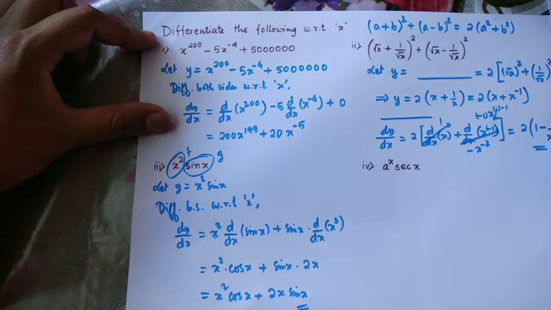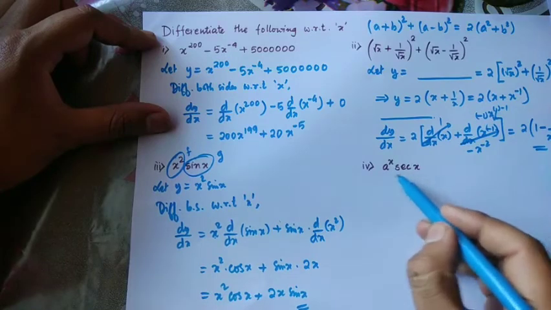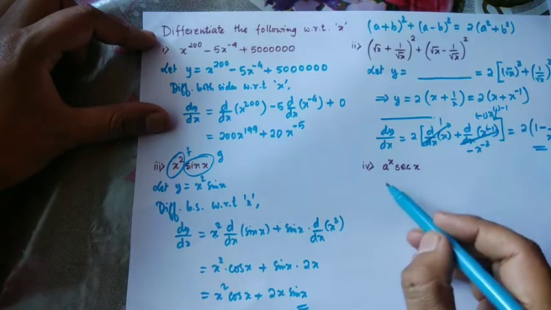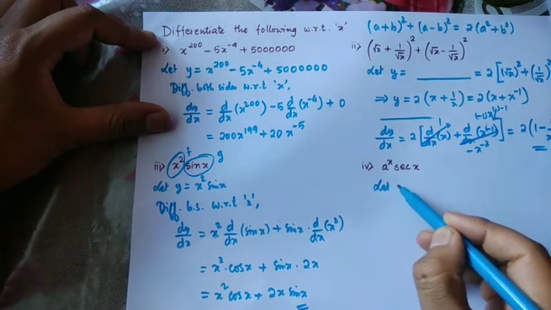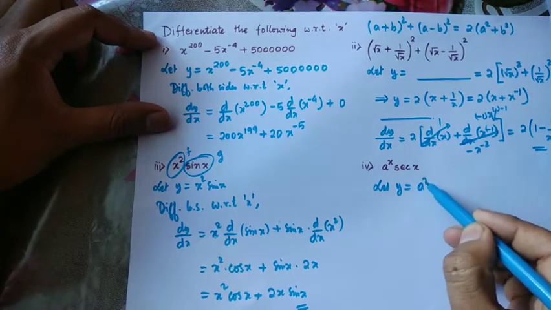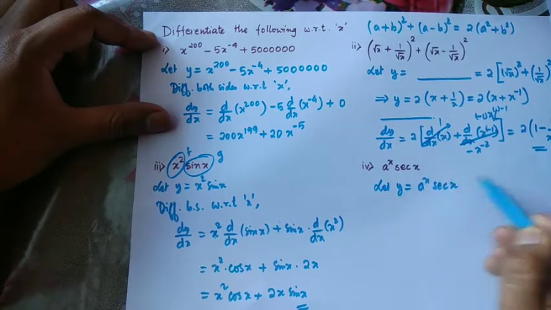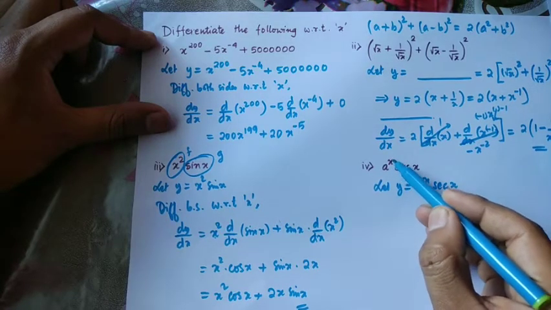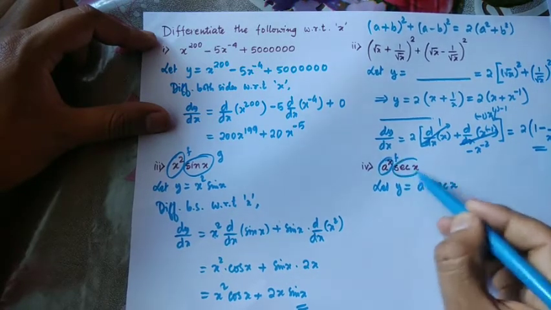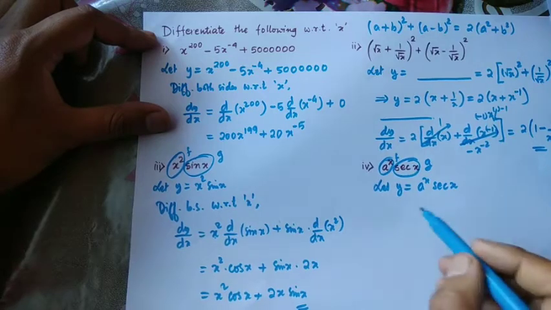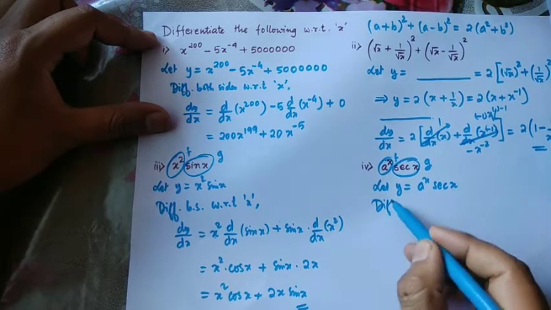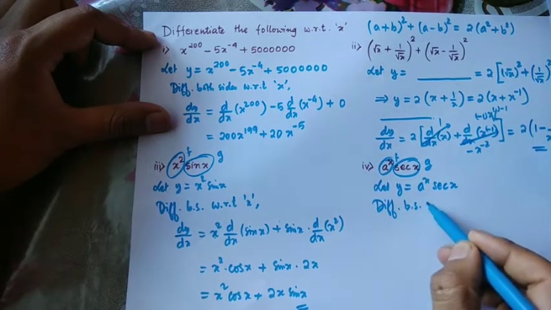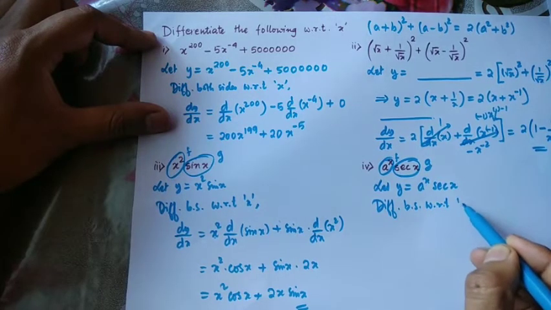Now let's differentiate this particular function. So we have y equals a to the power x sec x. Again here also we have got a product of two functions. So let me call this f and let me call this g. Then again you have to write differentiating both sides with respect to x.